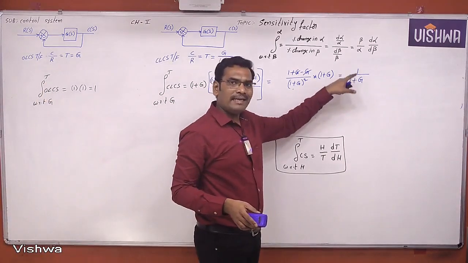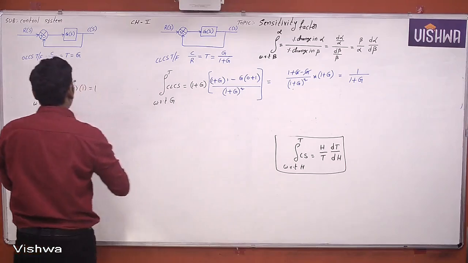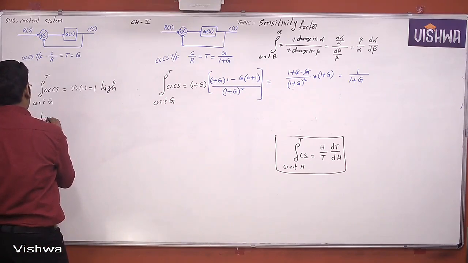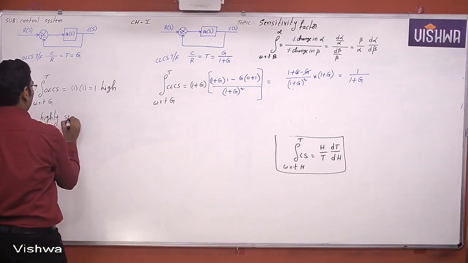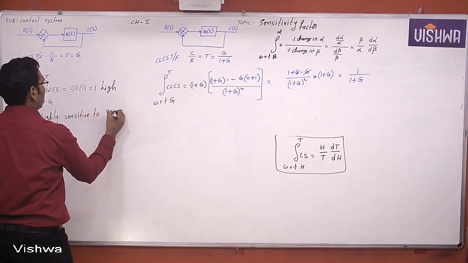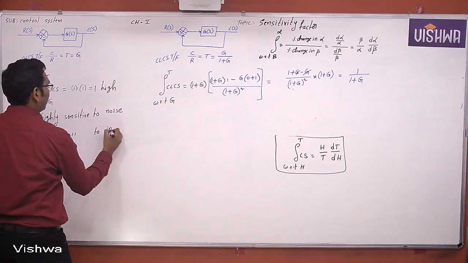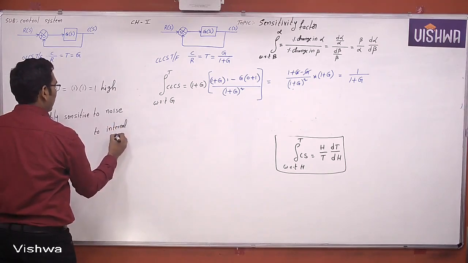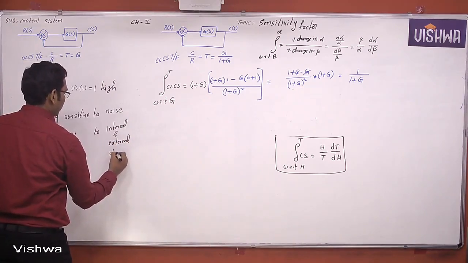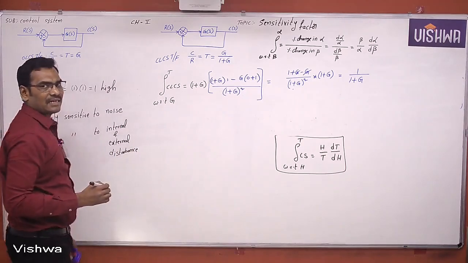Here it is 1 divided by 1 plus G, which is less, decreased. This means the open loop control system is highly sensitive to noise, highly sensitive to internal and external disturbances.